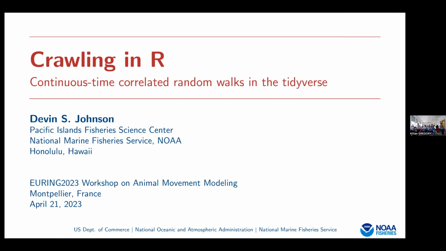And for this, I'll be focused on using the R package crawl that I wrote years and years ago. It's not nearly as fancy as momentuHMM, because Brett and Theo work on that all the time, and this got relegated a little bit, but it basically models that continuous time correlated random walk. So there's persistence in there, and we can do different things with that.